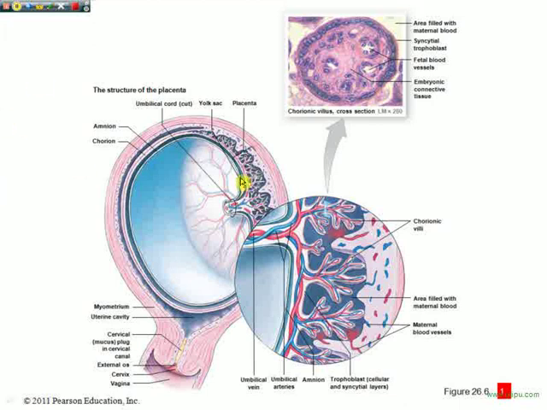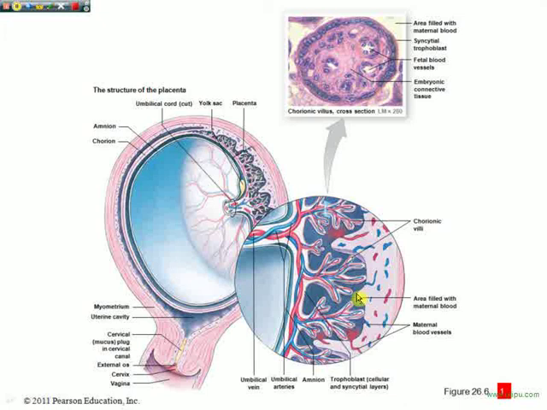So in this picture you have a representation of the placenta with the chorionic villi embedded into the endometrium of the uterus. And if you take a section of that and blow it up here, you see the chorionic villi again. This is an area filled with maternal blood. So nutrients and gases exchange across this space.